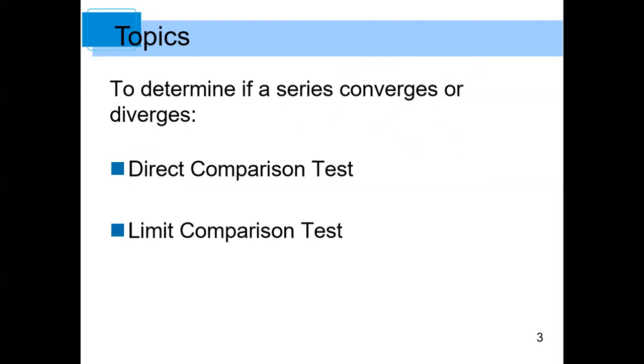I say, well, look, 1 over n is clearly bigger than or equal to 1 over n squared. Isn't that true? And so therefore, the sum n going from 1 to infinity of 1 over n is greater than or equal to the sum n going from 1 to infinity of 1 over n squared.